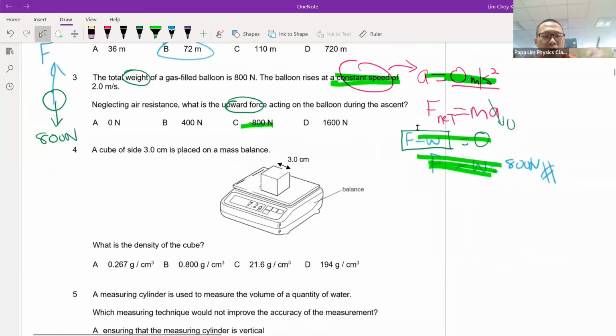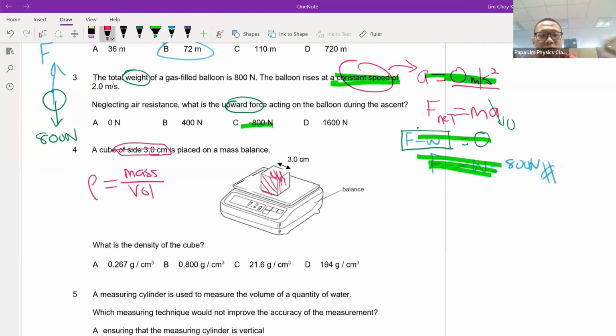Question 4, I would not dwell too much. It is a straightforward question whereby you just utilize the formula density is mass over volume. The only hidden agenda for this question is that the cube of size 3 cm requires the students to find the volume, which is quite straightforward.